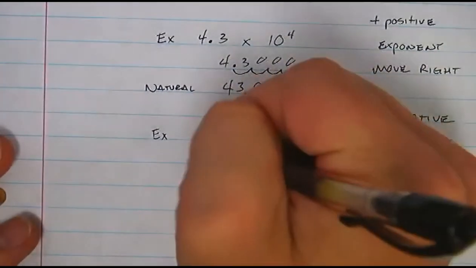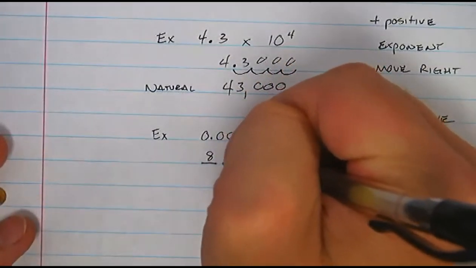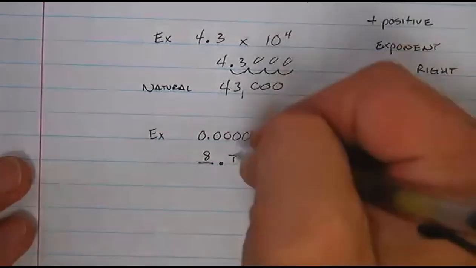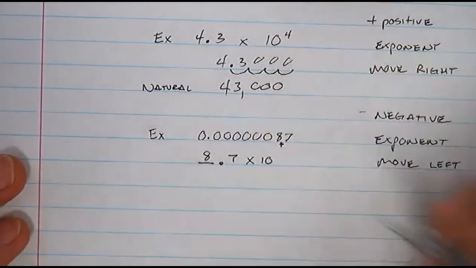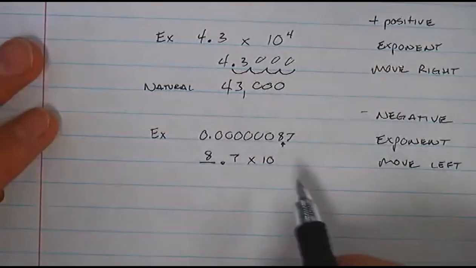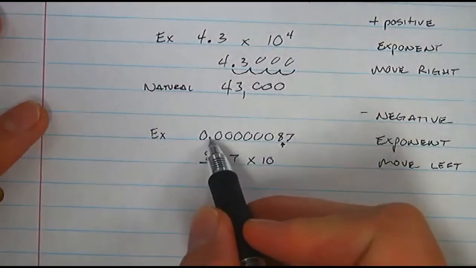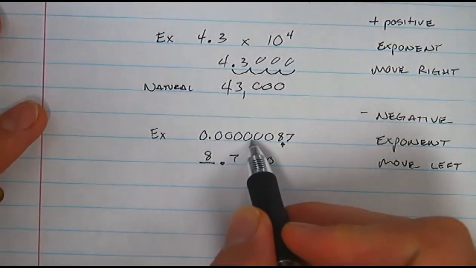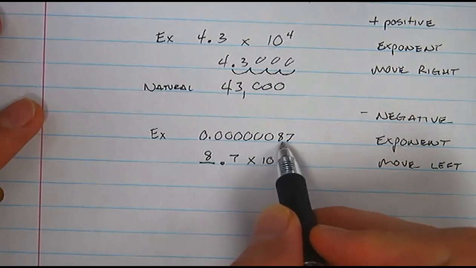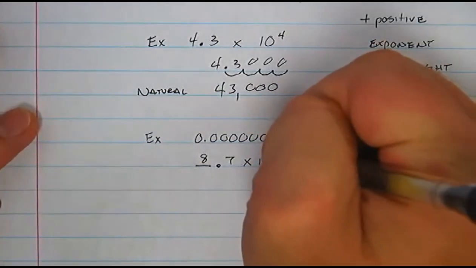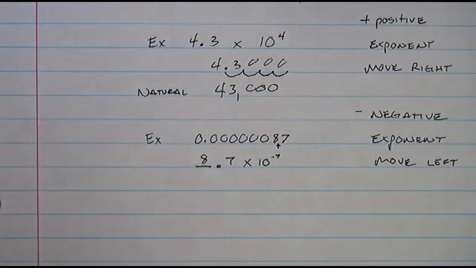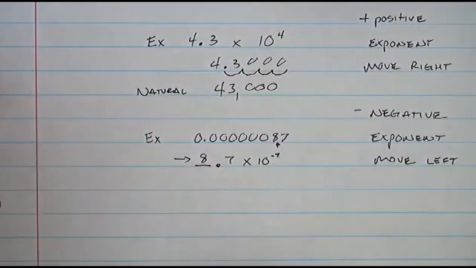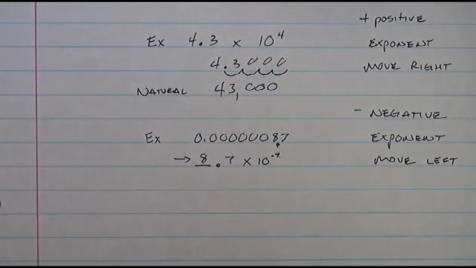So this is going to be 8.7, and then times 10. And then how many times did we move it? 1, 2, 3, 4, 5, 6, 7. We moved it 7 times, so there we have negative 7. That is that number written in scientific notation.